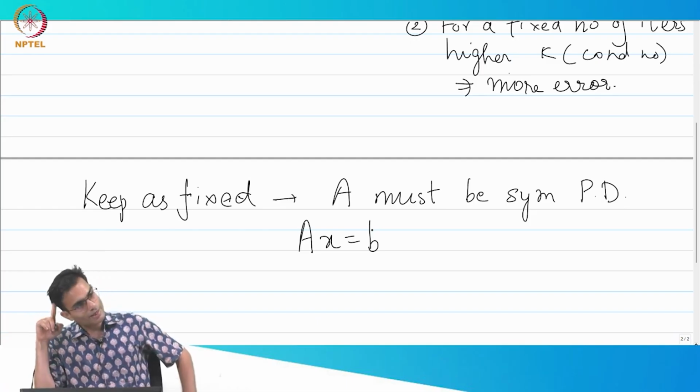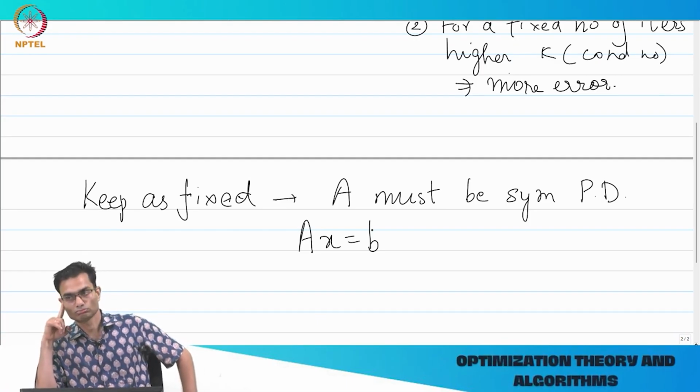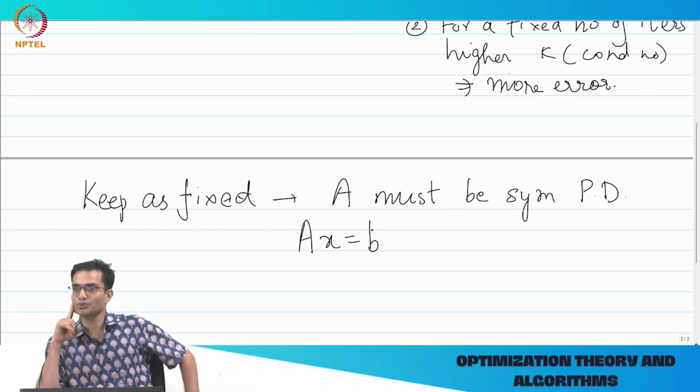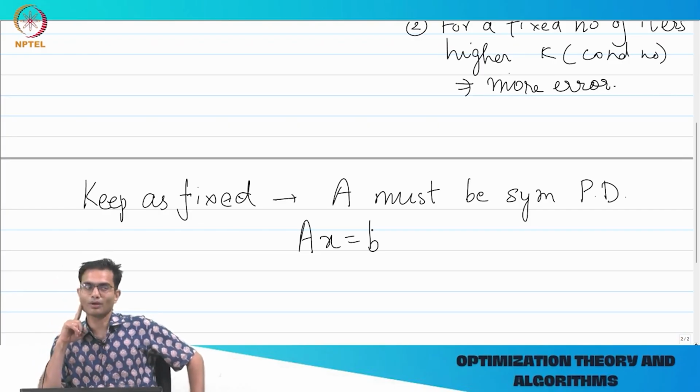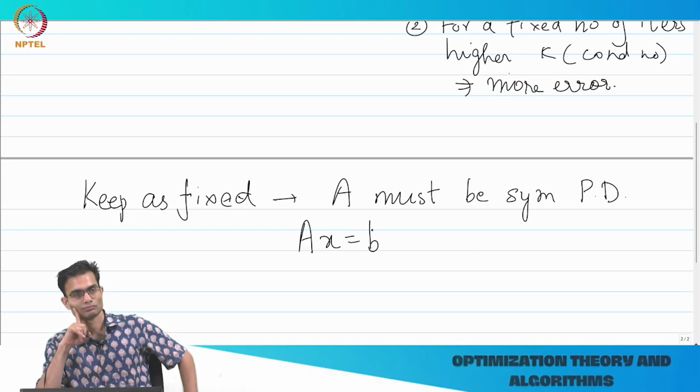Now let's stare at this a little bit. A has a bad condition number. I still want to use the CG routine in solving this. What could I possibly do? Multiply with another matrix, okay?